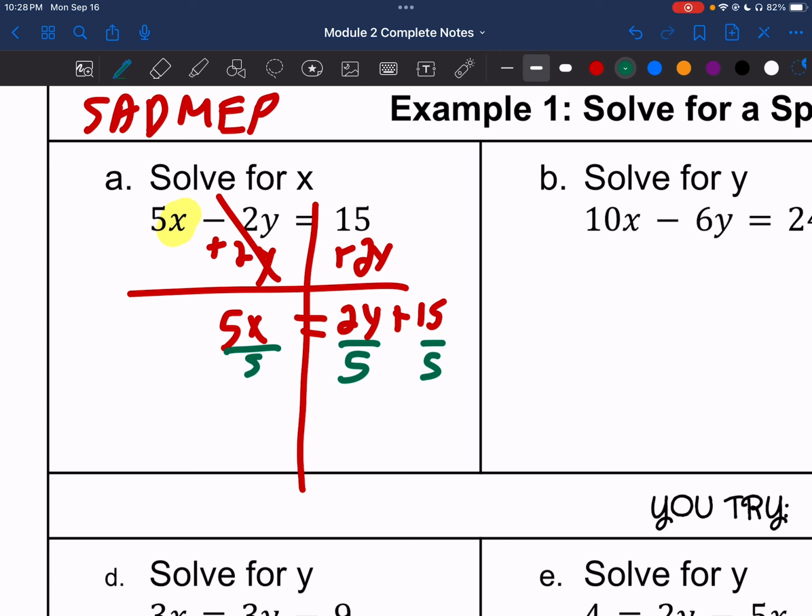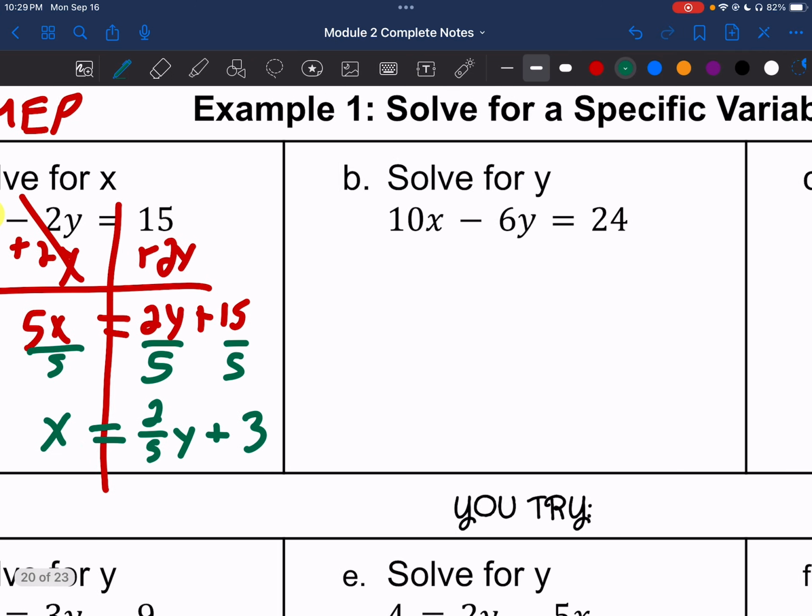Anytime we are doing the division or multiplication steps with solving equations, we need to make sure that we are applying that across all of the terms that are in the equation at the time. This is why we try to do that subtraction step first in order to hopefully knock out some of these terms and get them to go away. All right, so now we get that x is going to be equal to, well, 2y over 5 is 2/5 y, plus 15 divided by 5 is 3.